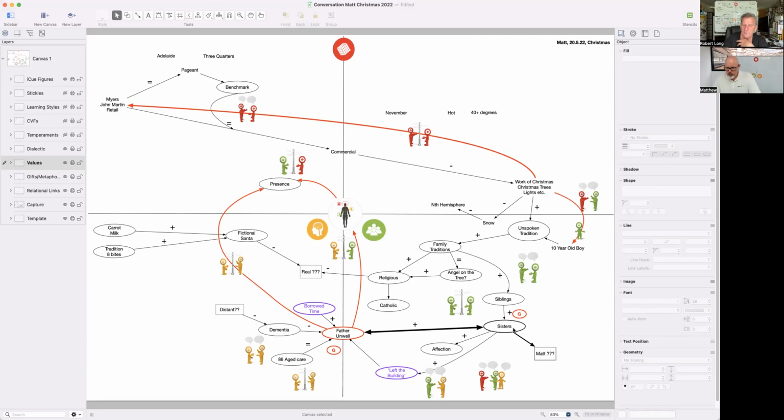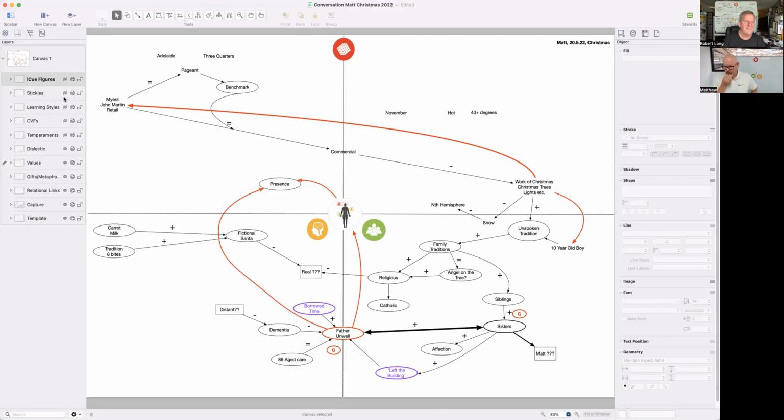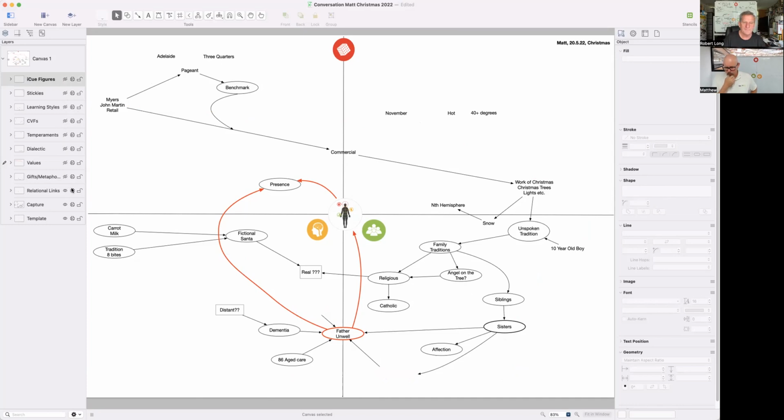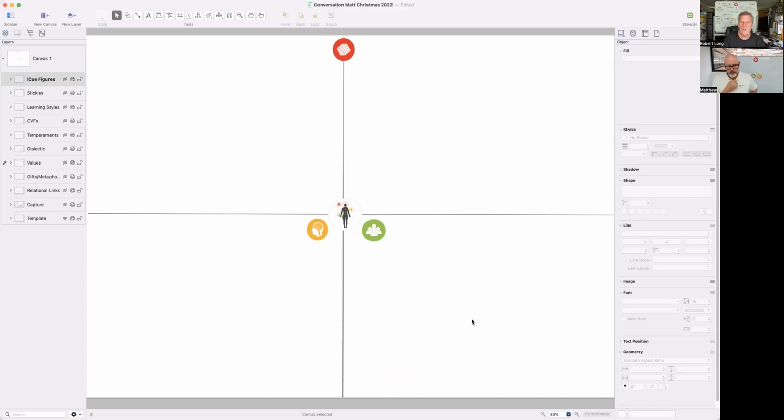And when we're talking about your sisters and Matt visiting a father who's unwell, we're sharing conversations between workspace, headspace, and group space all together. So this stimulates even further understanding of what was really going on in this conversation that basically started with a simple capture like that. That's where it started. And so this is where advanced ICue listening goes to. It gives you the most advanced.